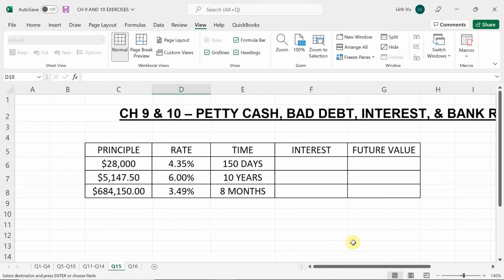I gave you a principal, rate, and time, and you need to figure out what the interest and the future value are. So if I have a principal of $28,000 at a rate of 4.35% with a time frame of 150 days, what is my total interest collected at the end of 150 days?